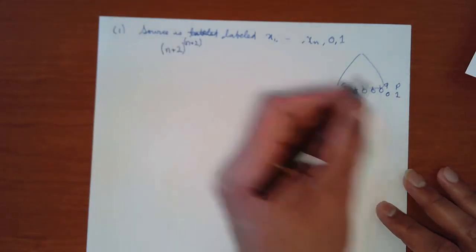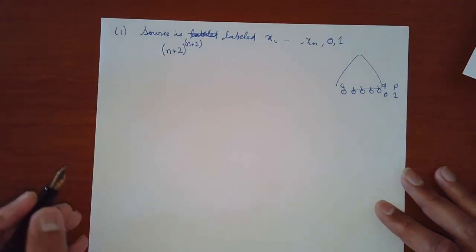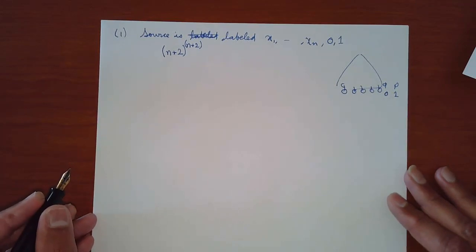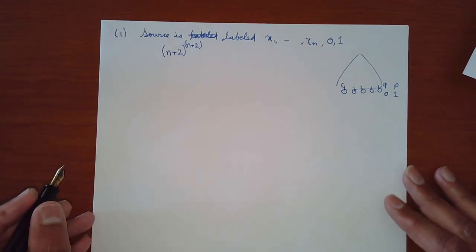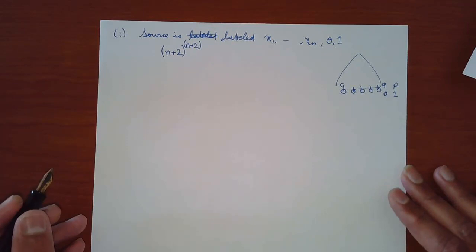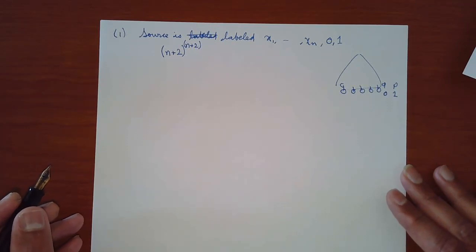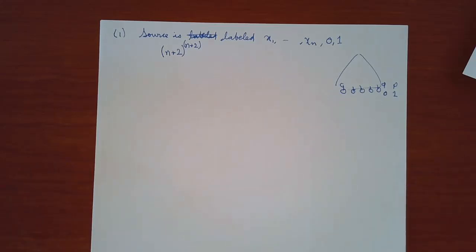Each of these, we have n plus 2 choices. Why do you need to do this? Why not just say, it doesn't matter which node you call x1, as long as you remember which node gets the input from x1? So if you're specifying the in neighbors, can't you just say every single function on n variables is going to have these n nodes and they're all going to be the same every time?